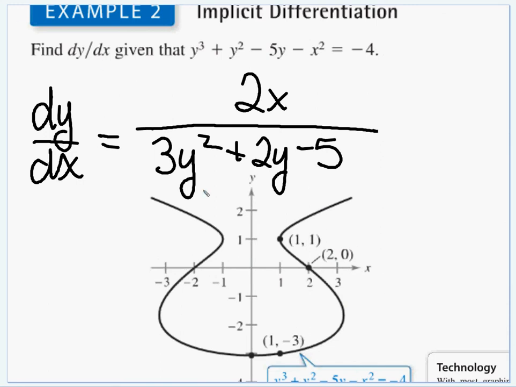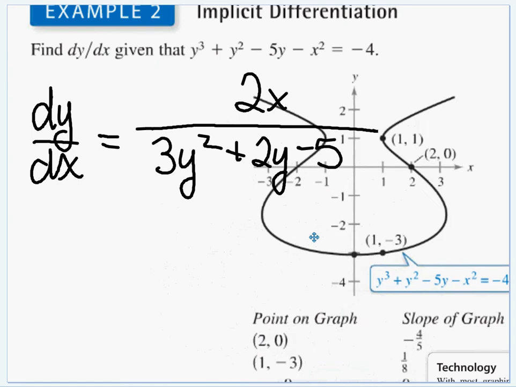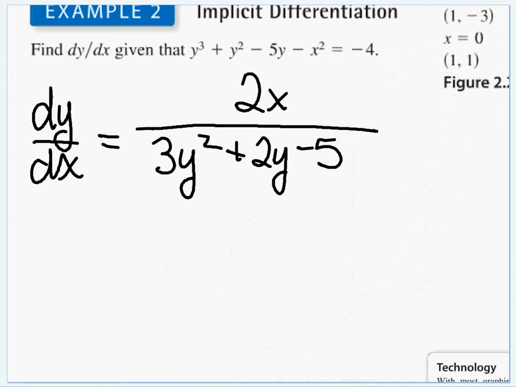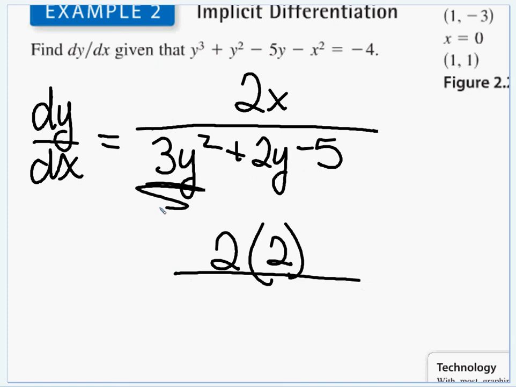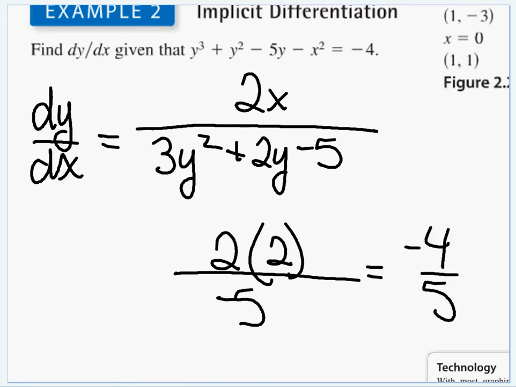But to specifically find the slope at 2, comma 0, we're going to turn all the x's into 2's and all the y's into 0. So that numerator x becomes a 2, and then our y values downstairs become a 0. So the first term zeroes out, second term zeroes out, third term is a negative 5. So our slope there is negative 4/5.